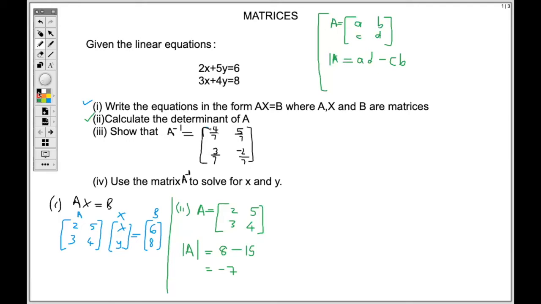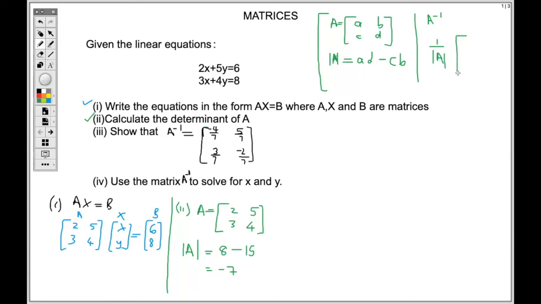So part 3 is now asking us to find the inverse. So once again, I'm going to remind you how we find the inverse of a 2 by 2 matrix before I attempt the question. To find the inverse of a 2 by 2 matrix, it's 1 over the determinant of A, which we just found in part 2, times the adjoint.